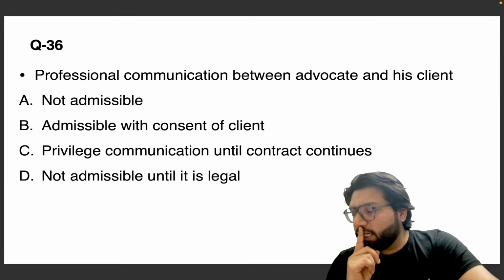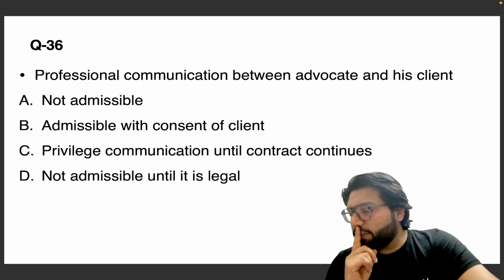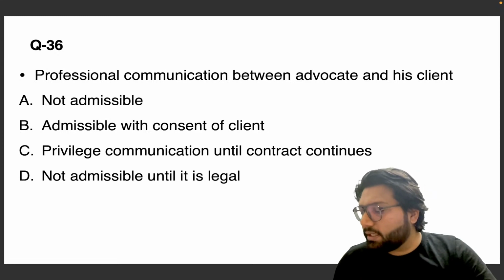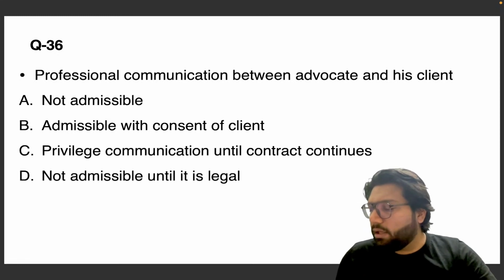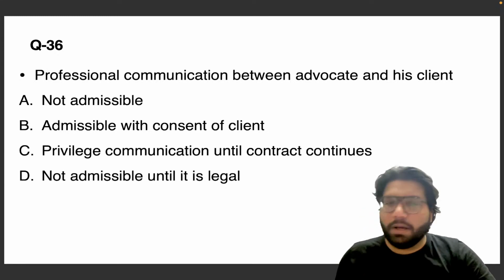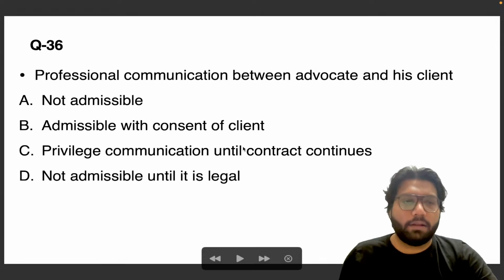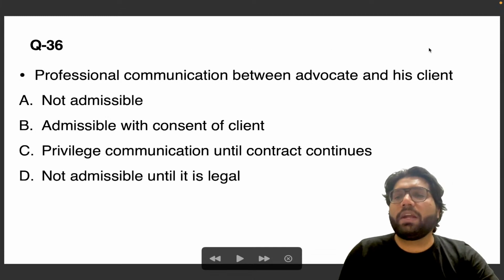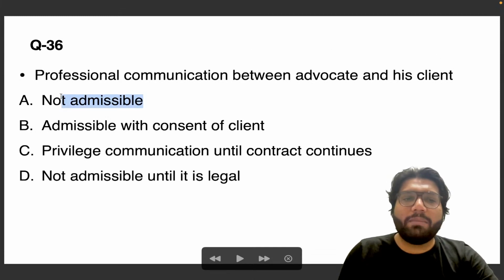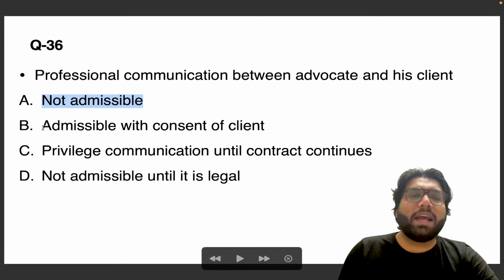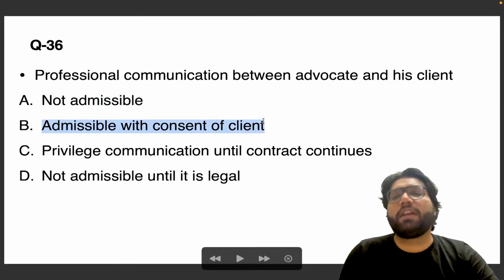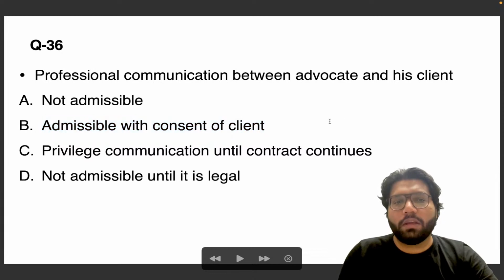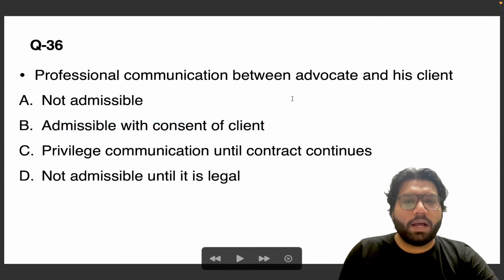And yes, I got the correct answer. First one to give the correct answer is Mosami, B, followed by Pratibha. Students, try to understand. They are asking professional communication between advocate and his client. Now, not admissible, this is correct. But admissible with the consent of client, this is the most appropriate one. Okay. So the answer is B.